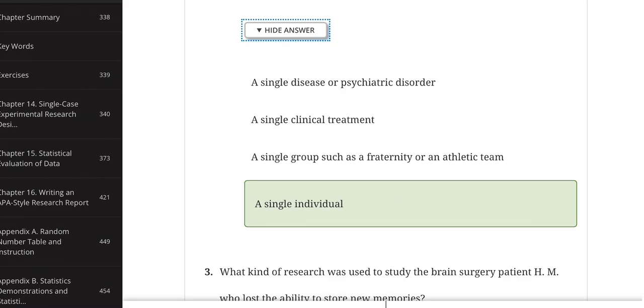It may be a single clinical treatment. It may be a single group, but most of the time, and the defining nature of a case study is that it's a single person, like Eve or HM or whatever.